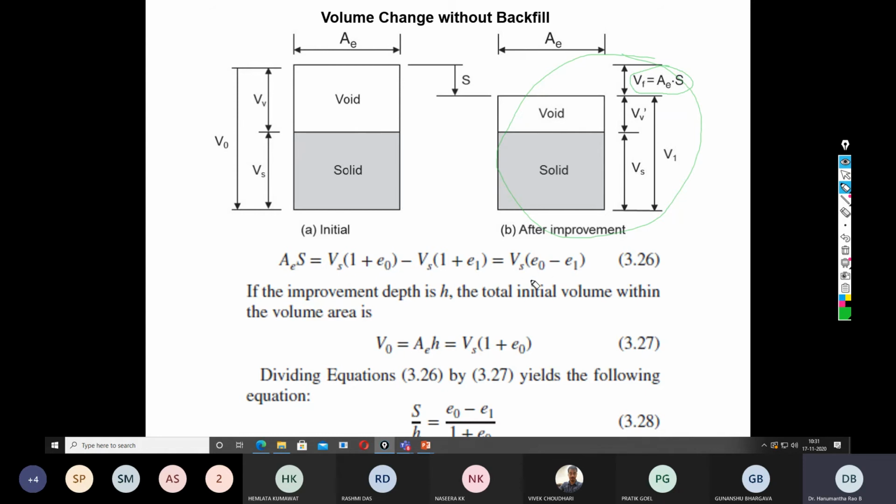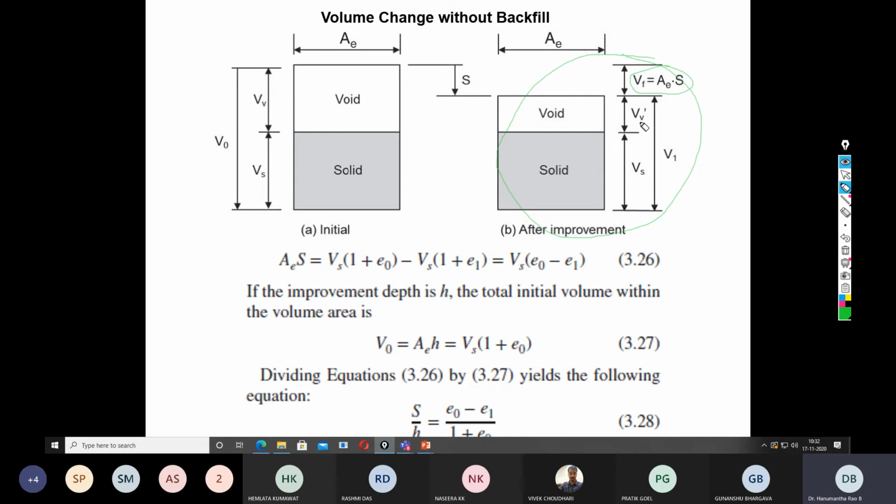This can be written as Vs into e naught minus e1. If the improvement depth is H, there are two things we have to understand: S is the change in height, and H is the total depth of the improvement. H is the total depth of the improvement and S is the settlement at the ground surface.